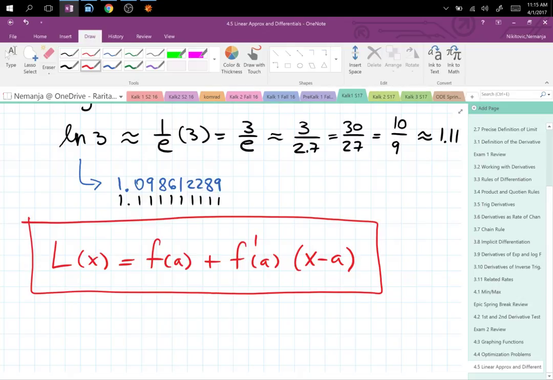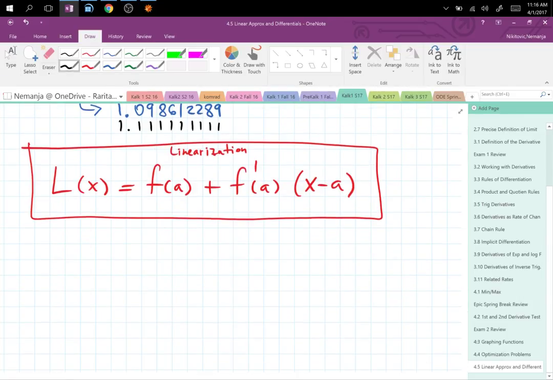All of the things that you used to figure out in little chunks, you first find the derivative, then you plug in the value to find the actual m, then you find the y value for the problem, then you plug all of those things in to figure out b, and you have the tangent line. Well, now all of that is done in one shot by plugging everything into this equation.